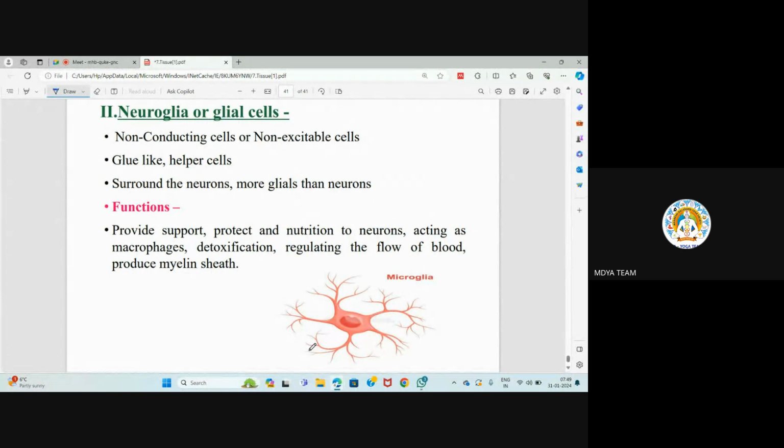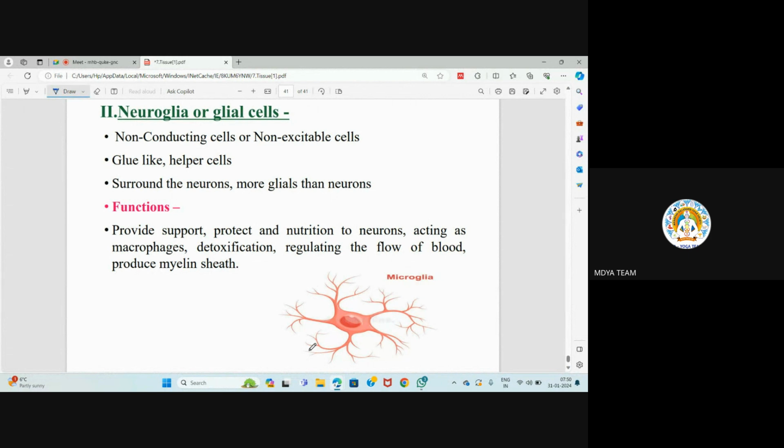Glial cells are non-conducting or non-excitable, which means they are not receiving or processing any kind of chemical or electrical impulse. They are glue-like helper cells that surround the neurons, and there are more glial cells than neurons.